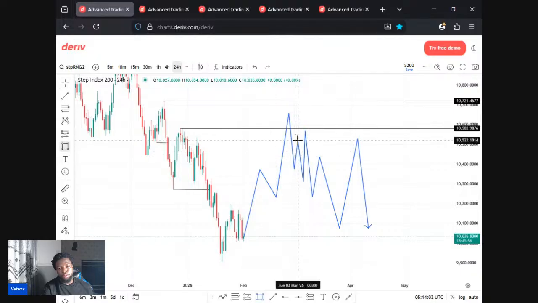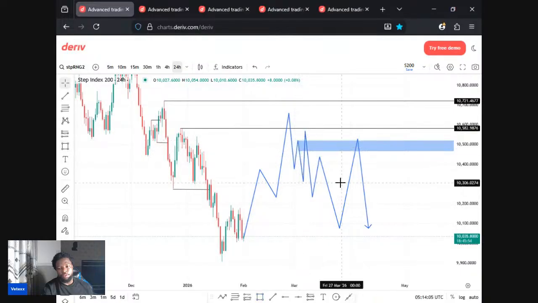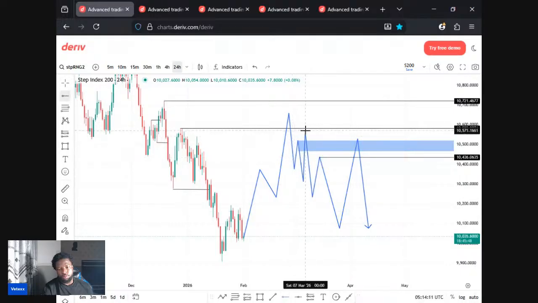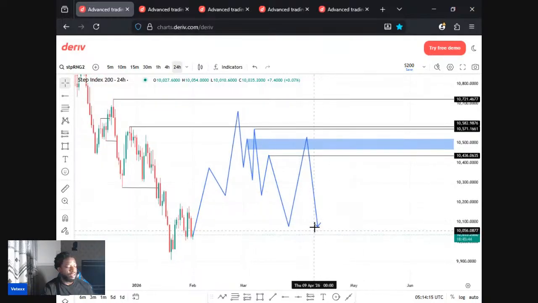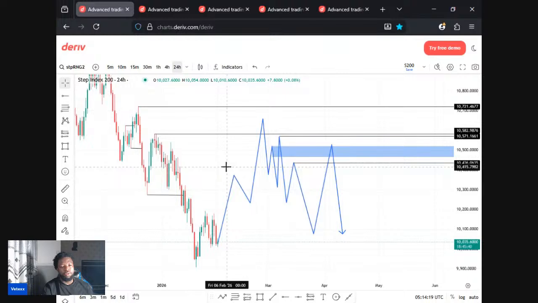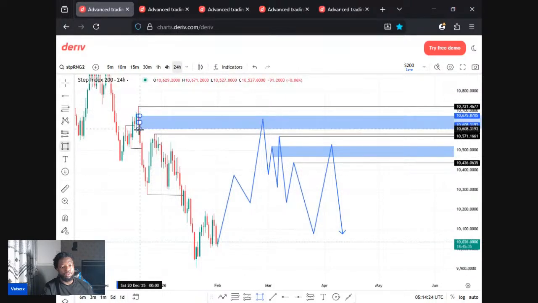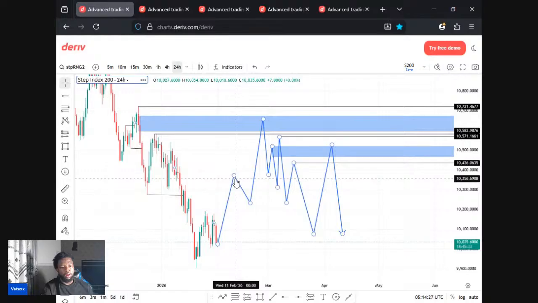So once price taps into this point of interest on the 24-hour time frame and gives us this continuation, we can then scale to the 15 minutes time frame and look out for continuation again to start selling. So this is what we anticipate on Step 200.